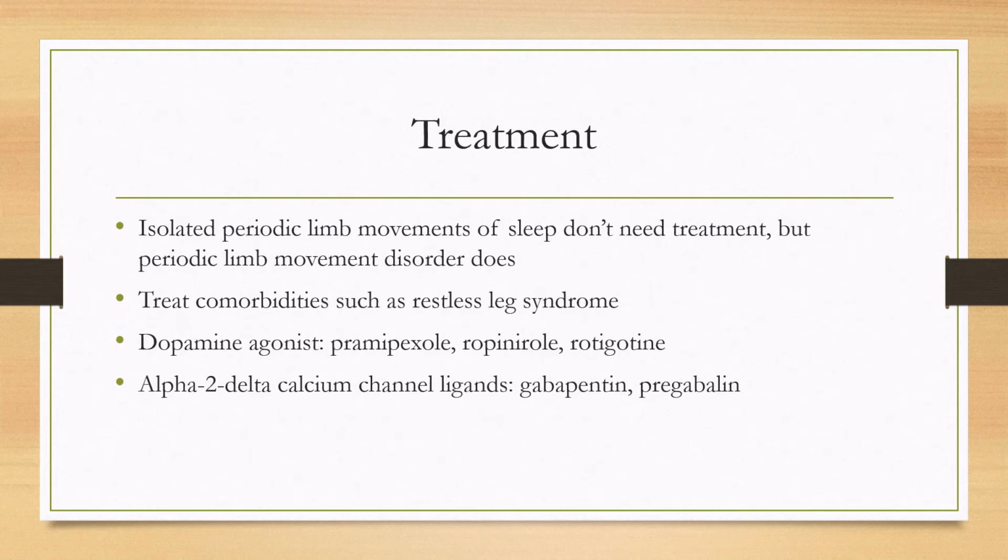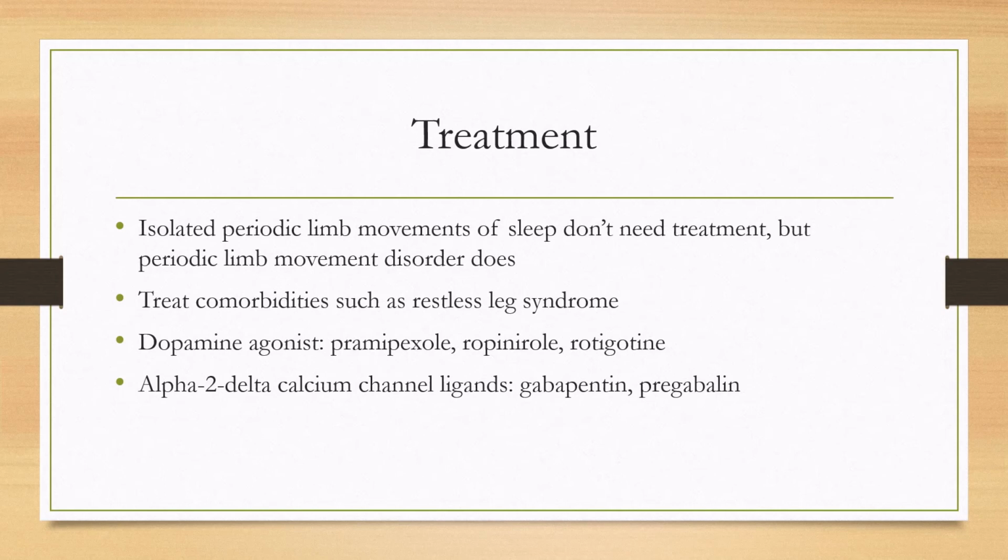So for treatment, isolated periodic limb movements of sleep don't need treatment. These can be normally seen in older people. But periodic limb movement disorder does need treatment because it disturbs sleep. So you'll want to treat the comorbidities such as restless leg syndrome first, and you'll want to focus treatment on treating the comorbidities.